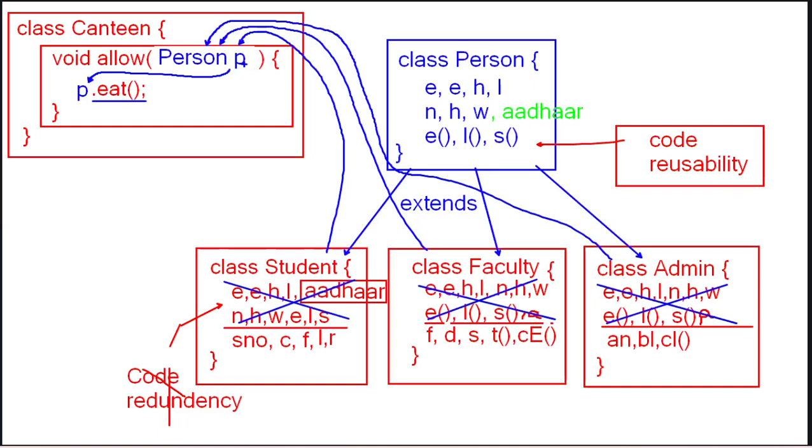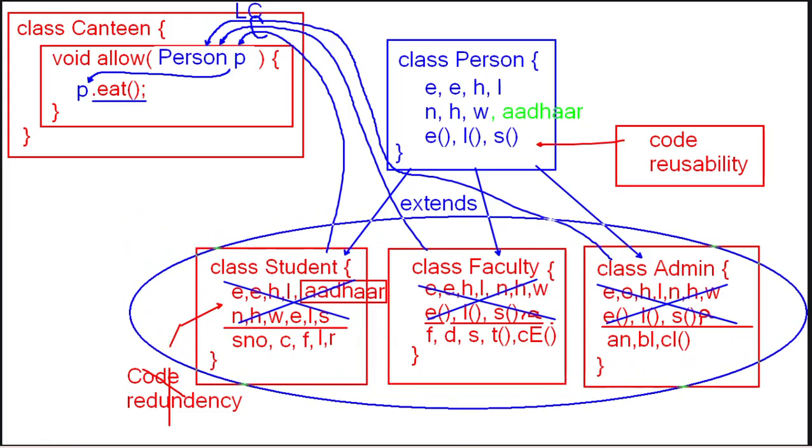A single reference variable accepting all different types of objects, this concept is called loose coupling. Coupling means connection. You are connecting the canteen class to any of these subclass objects. The canteen object is connected to any of these three subtype objects at compilation time or at runtime.